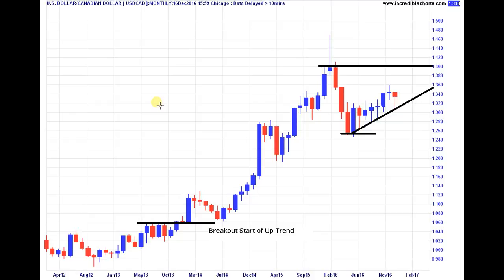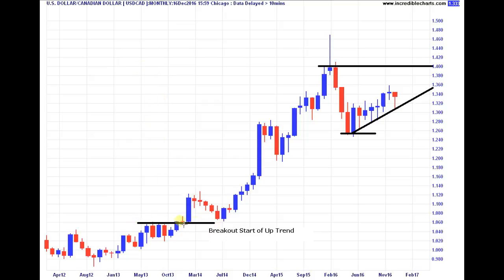I always tend to look at a longer term chart before the daily, either a monthly or a weekly chart. The reason I do this is to find out where the really big support and resistance levels are, see if they line up with the daily chart, and get a bigger perspective of the trend. We're starting here with USD/CAD monthly.